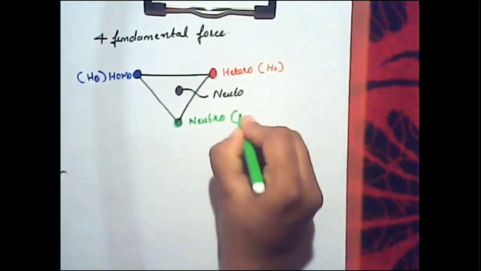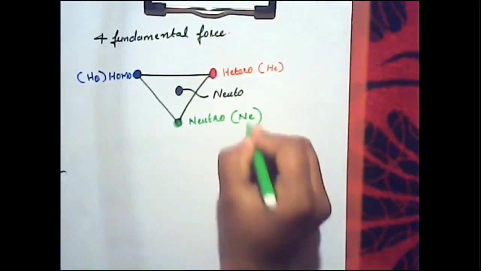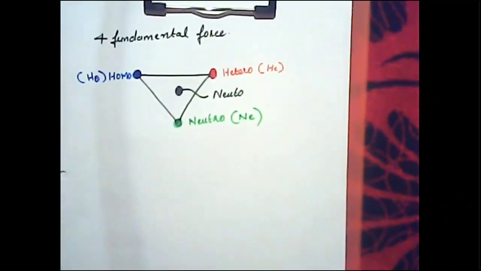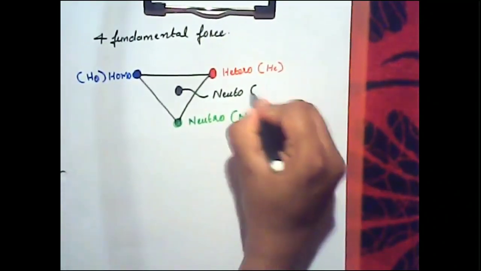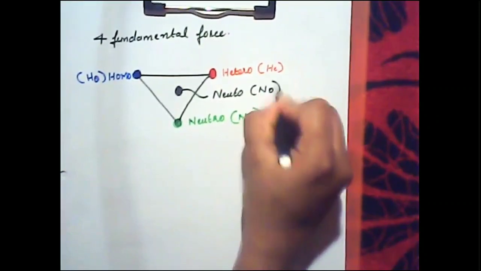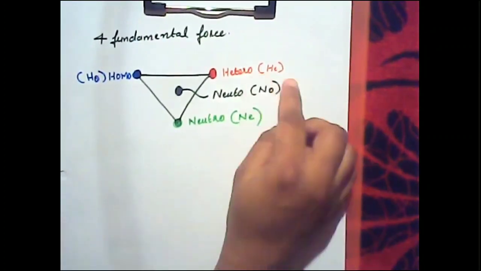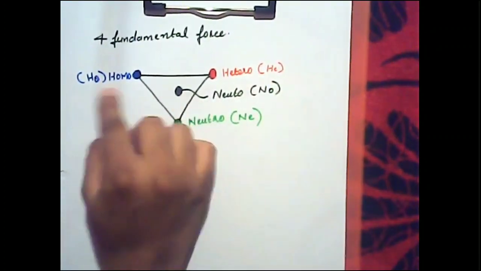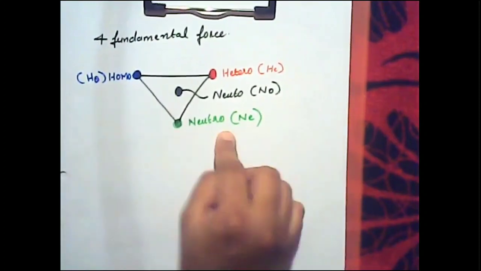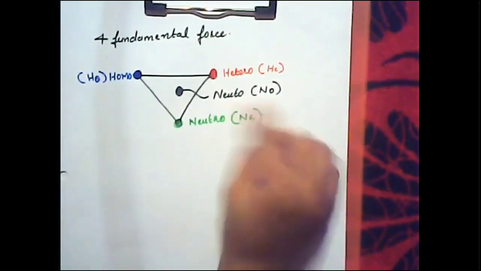Neutro as NE. And neutro as NO. In short, we call hetero HE, homo HO, neutro NE, neutro NO.